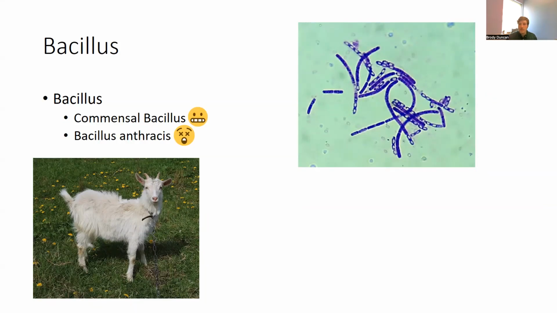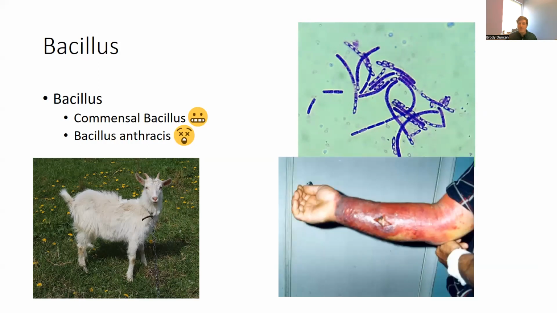There is no situation where you would find Bacillus anthracis in a person and think, oh, maybe this is just part of the normal flora. The reason for this is Bacillus anthracis is a very, very virulent organism. We all know that anthrax can cause very severe disease and life-threatening disease, including in perfectly healthy hosts.